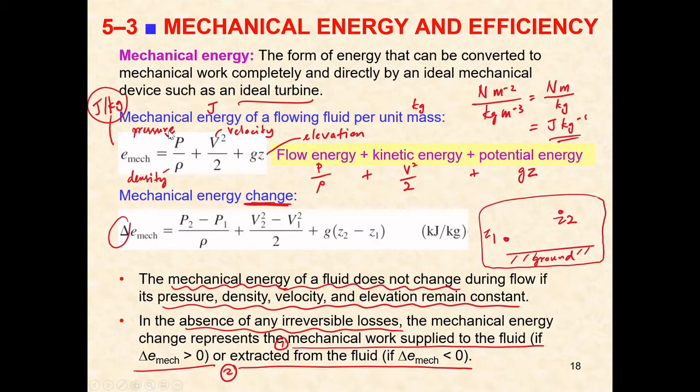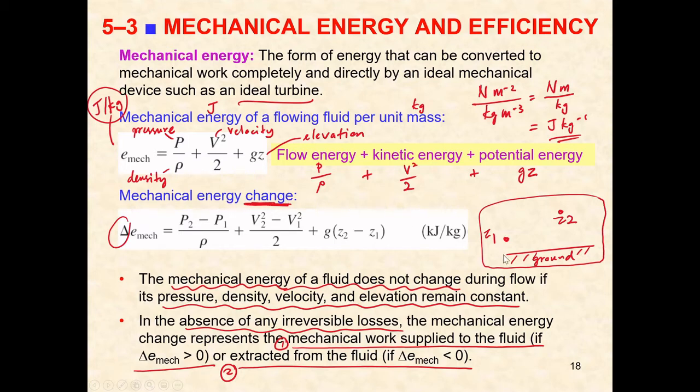The pressure has a unit of Newton per meter square, and the density has a unit of kilogram per meter cube. If you simplify this unit, taking the ratio, you get Newton meter over kilogram. Newton meter is basically joule, so you take joule divided by kilogram, that's what you get. Alright, and then the mechanical energy change.